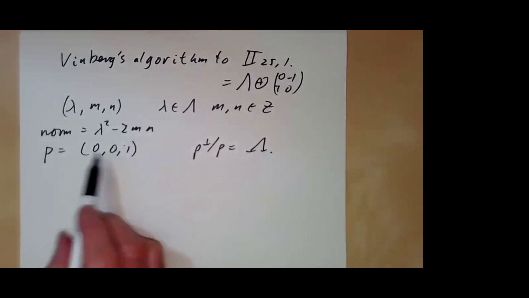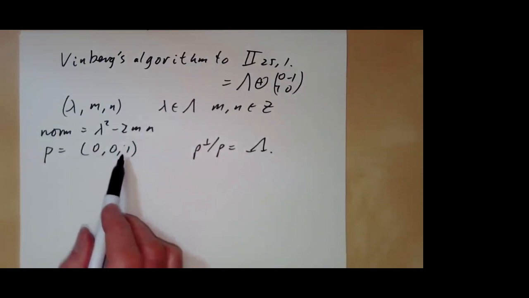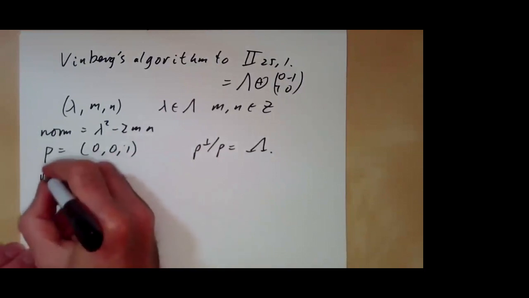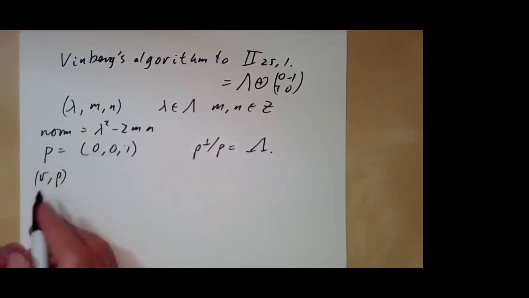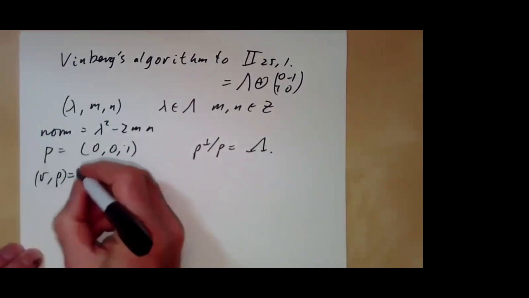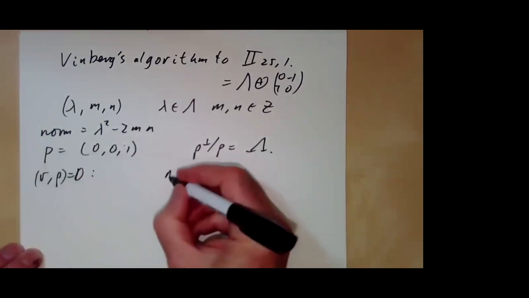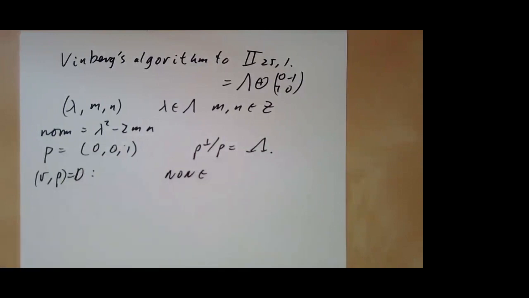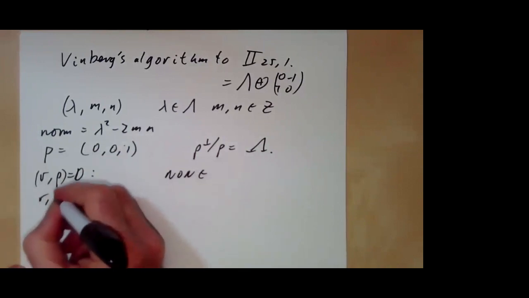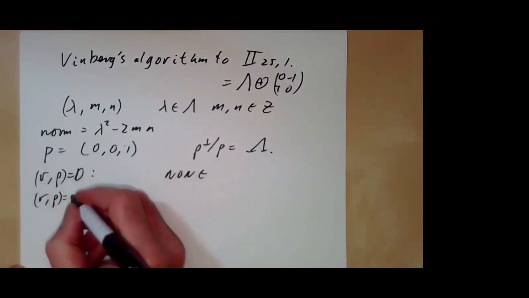And now we're going to apply Vinberg's algorithm to this. The first batch of roots we're going to take to have (r, rho) equal to 0. And there are none here because the Leech lattice has no roots. Now we take (r, rho) equals 1.